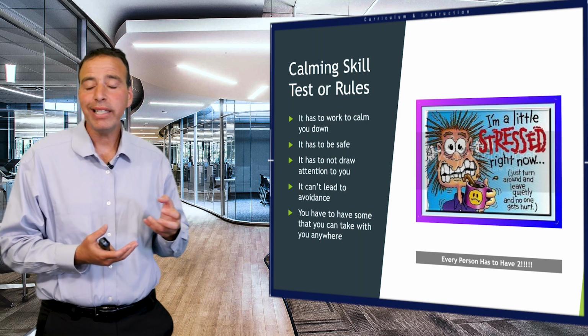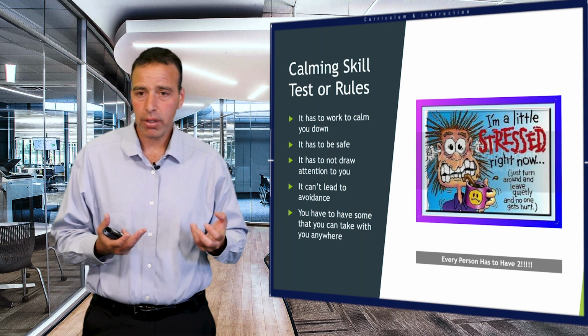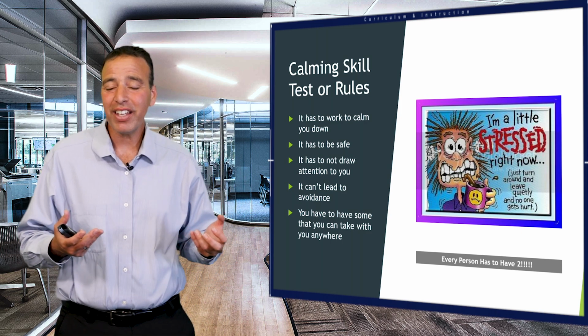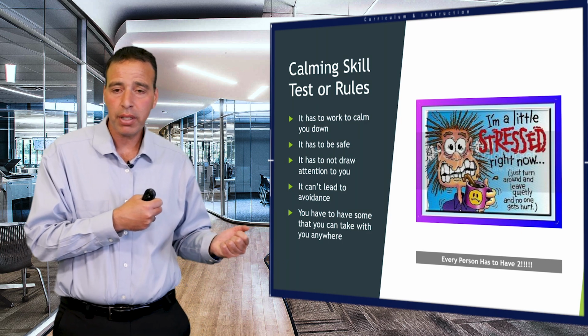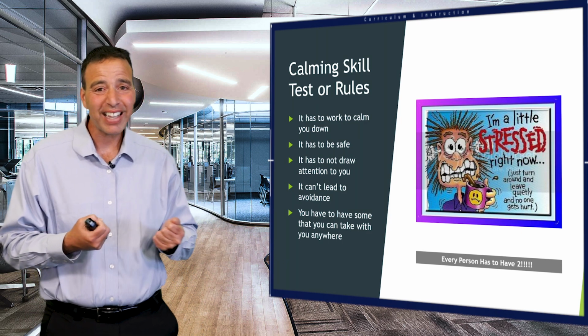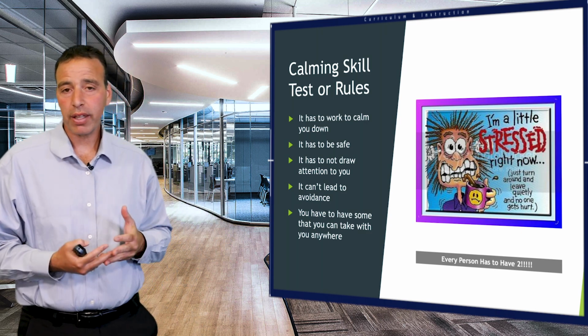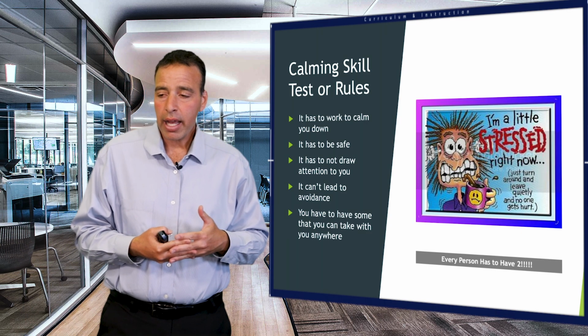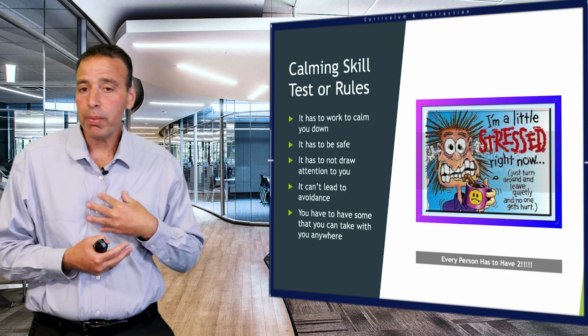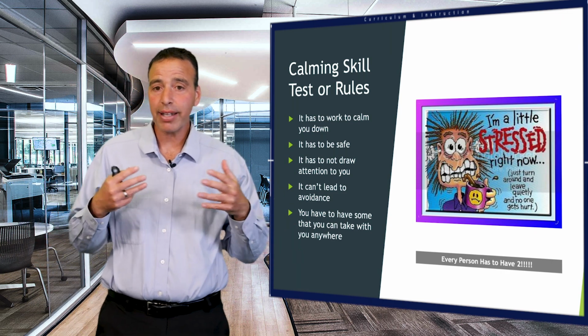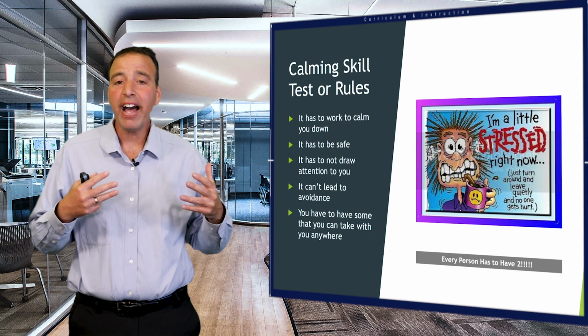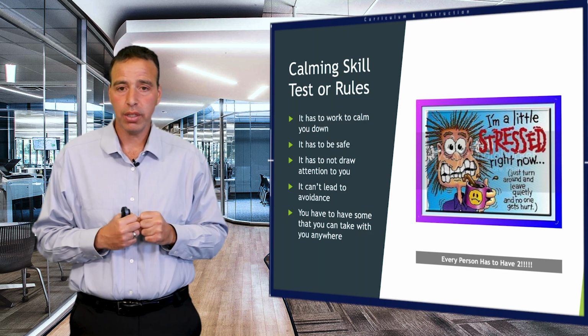And the last one, we need some that are portable. Because if our only thing is our blanket in our bedroom, when we're anxious at school, that's not going to help us. So these are kind of the 5 rules of a good calming tool. And every person I work with, including you parents and kids, we want everyone to have 2.